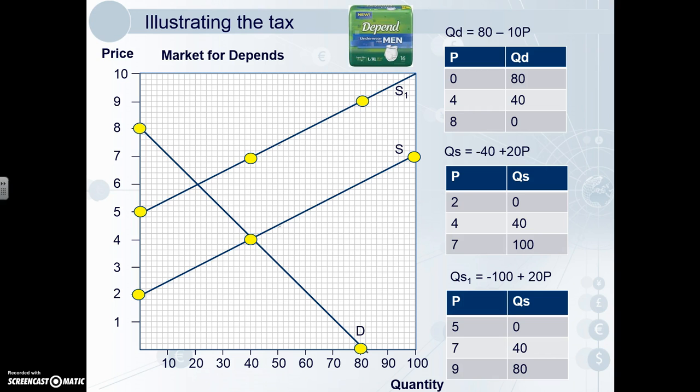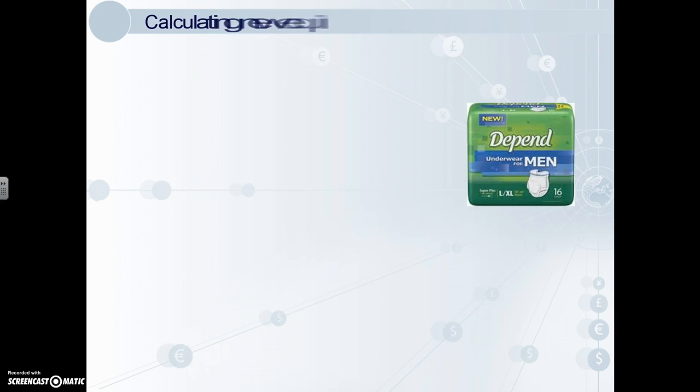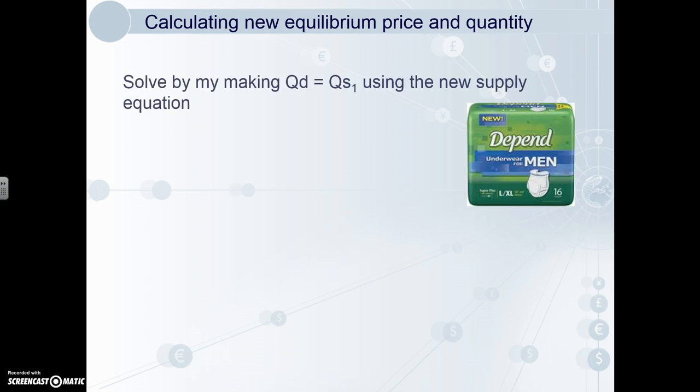Now we'll calculate the new equilibrium. Nothing too new here. We just make the demand equation equal to the new supply equation. So there we go. Then we do the simple maths and we find out that price equals 6. That's our new equilibrium price.